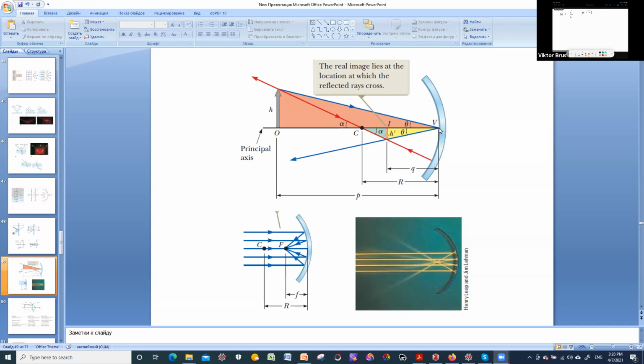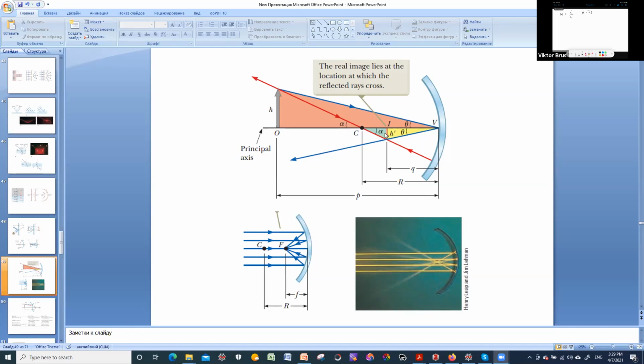From another point of view, we can consider the yellow right triangle, and here the same angle theta will be defined such that the tangent of theta is equal to the ratio of h prime, the height of the image, to the image distance q.